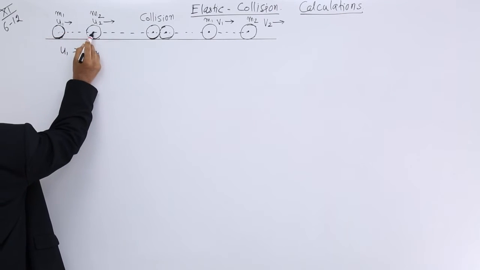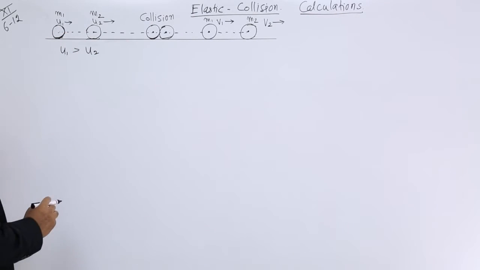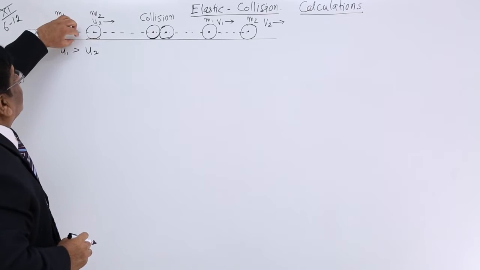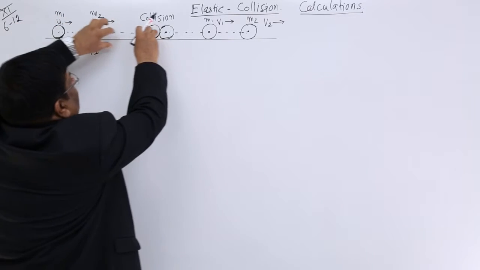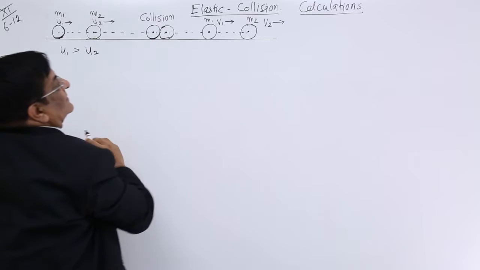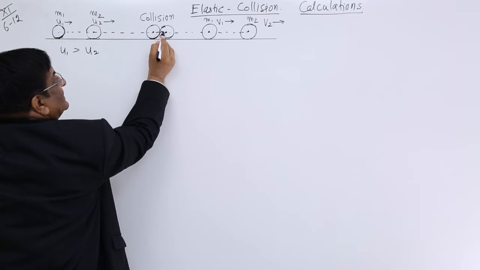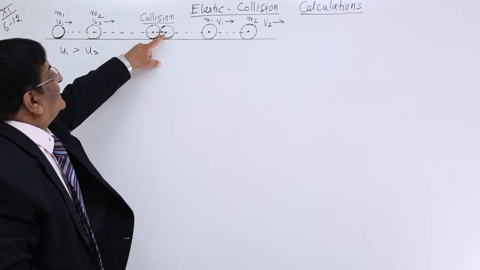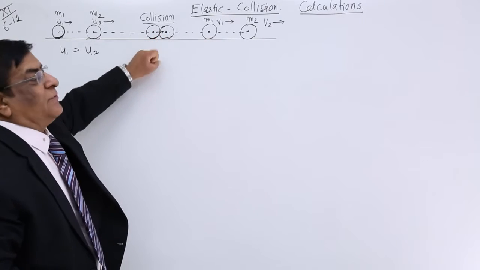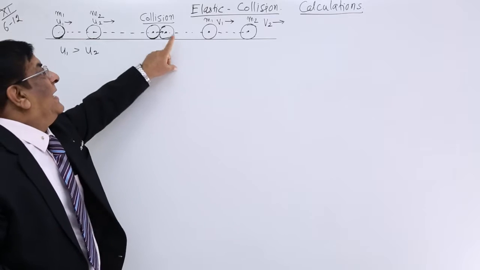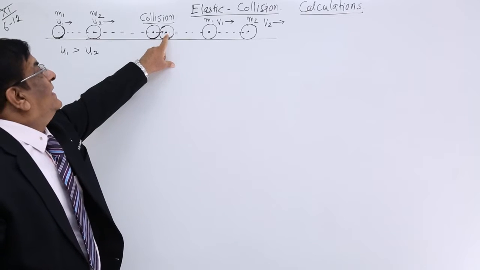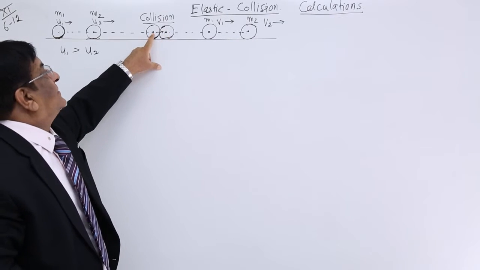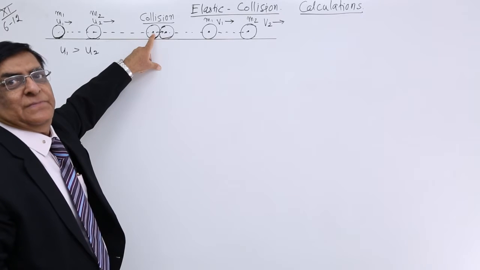So this distance is covered by relative velocity. Both are moving, and finally it hits it. When it is hitting it, that is known as collision. When it hits it, the energy is also transferred because of the push, and its velocity increases, this velocity decreases.